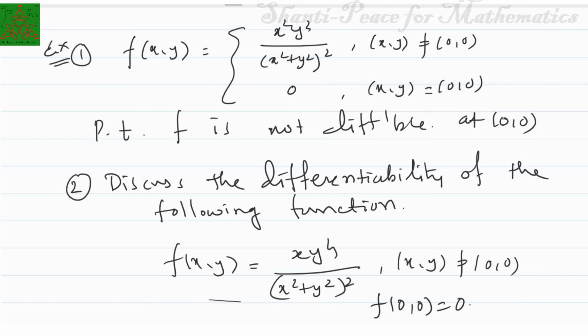The first theorem says that if f is differentiable, then its partial derivatives exist. The converse of this result is not true, which we showed by example. The other theorem says that if f is differentiable, then f has to be continuous. Again, the converse of the statement is not true, which we also saw by example.